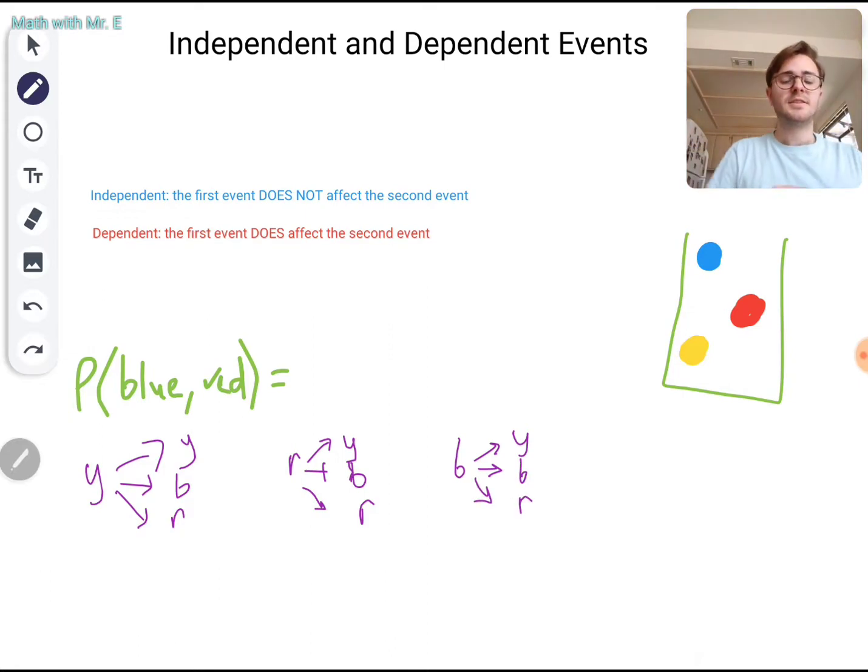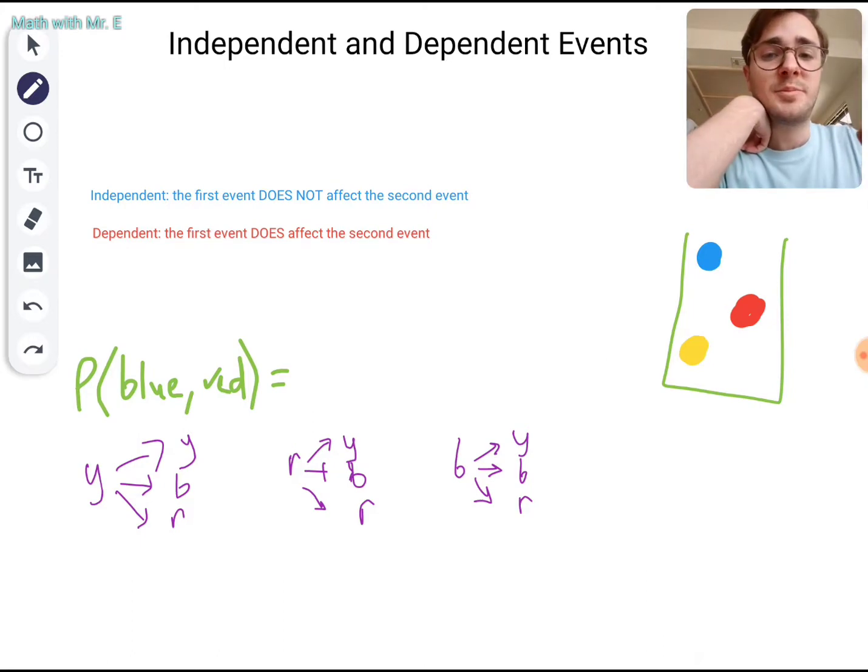So you can see we've got 9 possible outcomes, right? I could pick yellow and then yellow, yellow and then blue, yellow and then red, or red and then yellow, red and then blue, red and then red, or blue and then yellow, blue and then blue, or blue and then red. So that's a total of 9 different outcomes I could have if I'm drawing 2 marbles out.